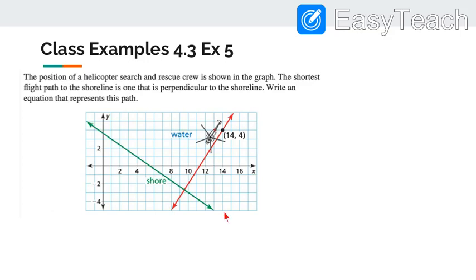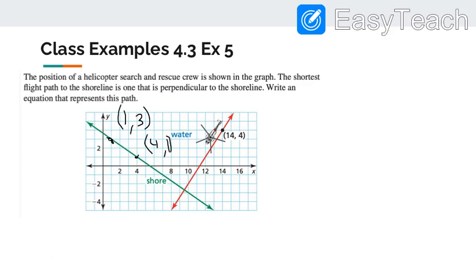The problem is we don't have the points here, and if you notice the y-intercept isn't a clean y-intercept. But what we do have are the points right here and right here, given points, not labeled, but they do go straight through a lattice point. So this first point is (1, 3), and the second point is (4, 1).